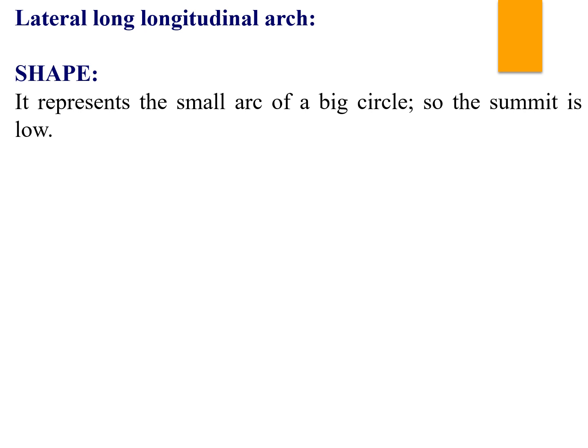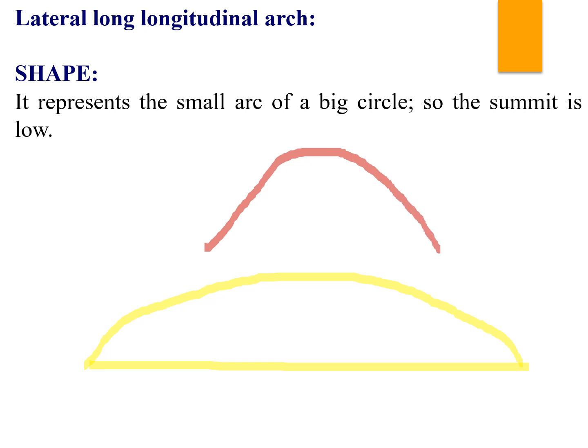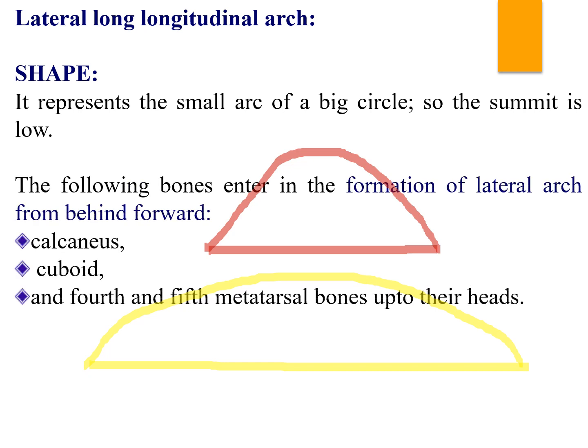The lateral longitudinal arch represents a small arc of a big circle. If you draw the lateral longitudinal arch in comparison to the medial longitudinal arch, this is the medial longitudinal arch and this is the lateral longitudinal arch.